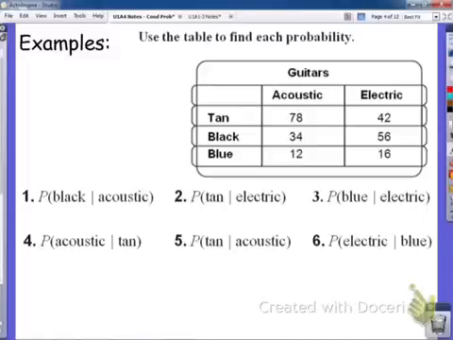We have this strange situation set up where maybe there's a room full of guitars, and there's acoustic guitars, there's electric guitars. Some of them are tan, some of them are black, and some of them are blue. Now, why don't we all just try to figure out right now, how many guitars are there total in this room? Can you do that for me?